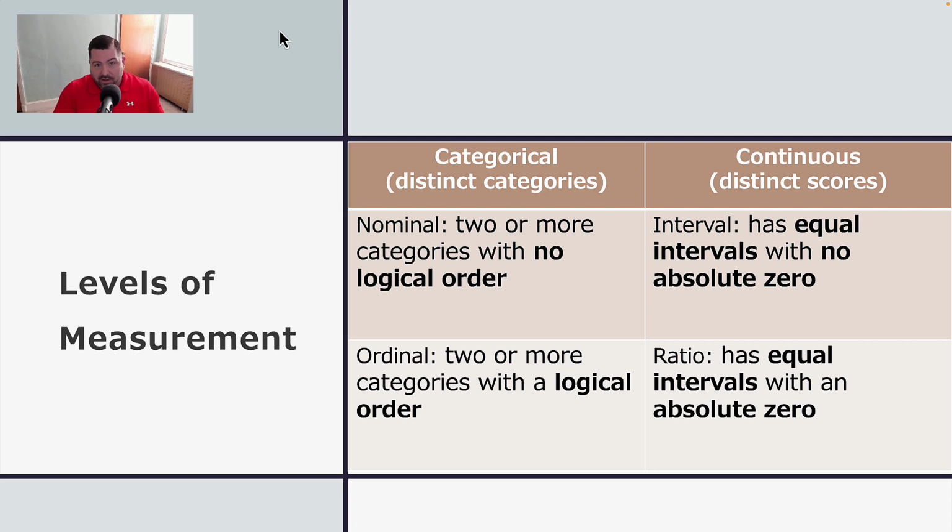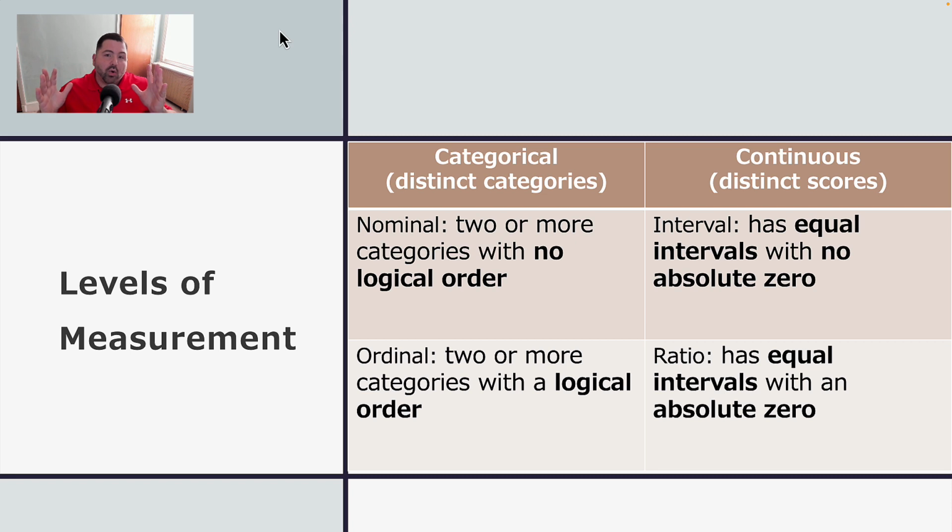In an ordinal level of measurement, however, we take all the same principles of what we know about a nominal level of measurement, and instead, we're talking about them in the context that the categorical organization matters. So for example, when you buy a t-shirt from a store, you typically think about it as an extra small, and then the next logical option is a small, and then a medium, and then a large, and then an extra large, right?